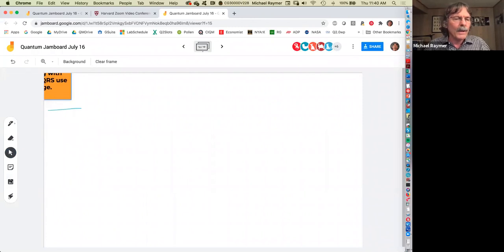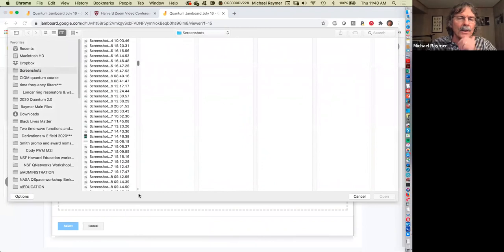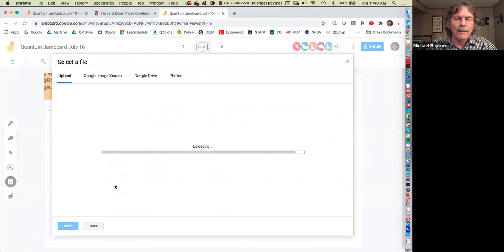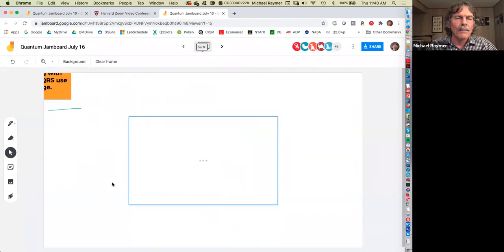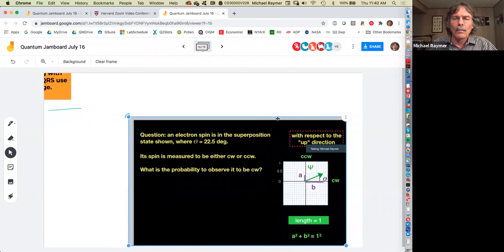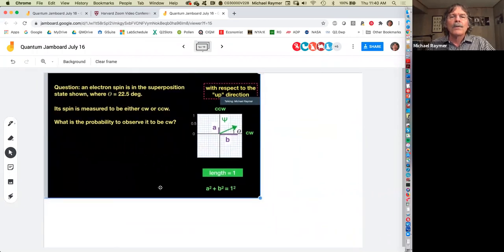And what I'm going to do is paste that image into there. This is actually pretty efficient. So work on page 16 of the Jamboard, which I'm also sharing my screen now, and go to your Jamboard and type what you think the answer might be. I mean, show your calculations if you can.